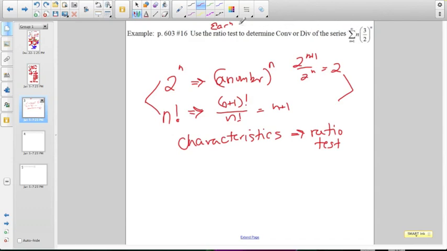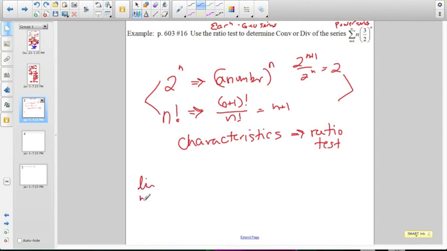So where this is a geometric series, just to preview, this is what we call a power series. A little bit different because we have this power factor out front. That's a preview of what we're going to get into in the next unit. We've got this characteristic though, we have a number to a power. This number is 1.5 to a power, so we definitely want to use the ratio test.